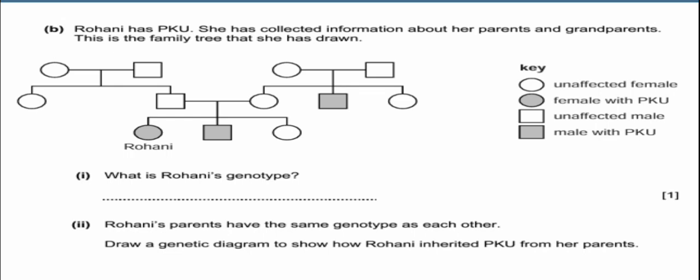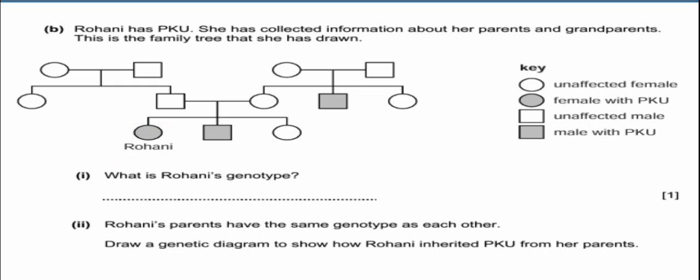Okay? So let's see Roman number 1. Roman number 1 is saying, what is Rohan's genotype? So as for the genotype, we usually use the alleles. And alleles are just alternate forms of genes that occur in pairs. So as you can see here, Rohan has a circle which is shaded, meaning Rohan is affected by PKU.